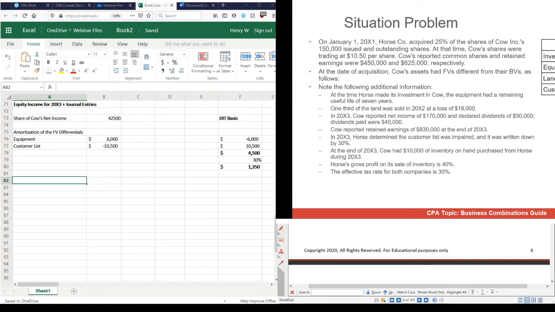Oh, and at 20X3, Cow had 10,000 of inventory on hand purchased from Horse, so we have to eliminate the unrealized profit.